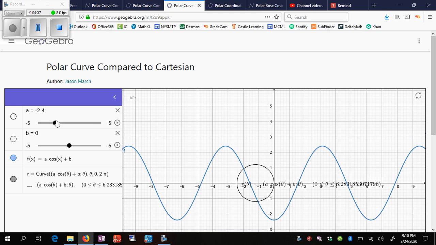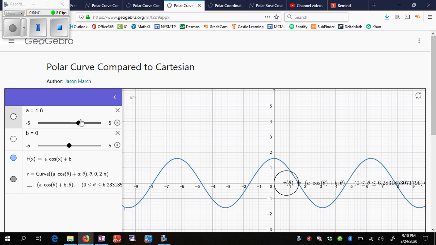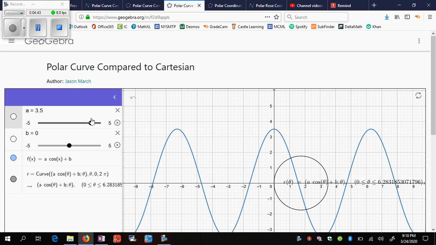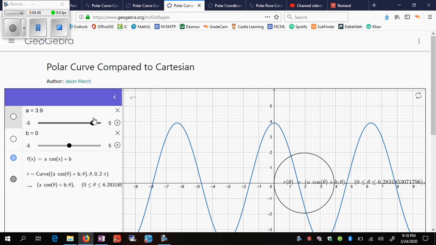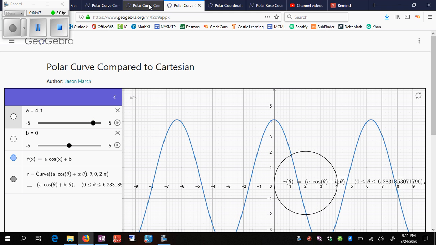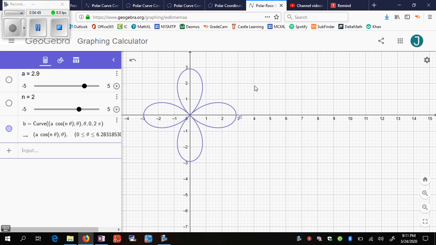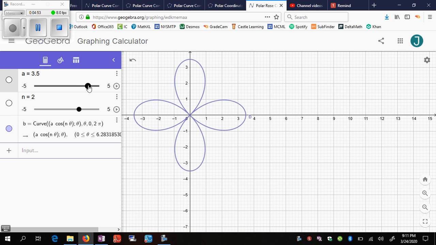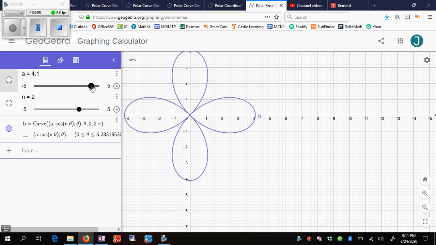Cosine starts at its maximum. So when theta is 0, cosine is starting at its highest point, which is why with the polar rose, when theta is 0, the graph will be starting at whatever that number is in front.